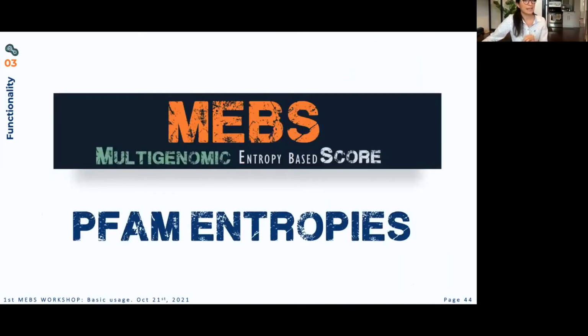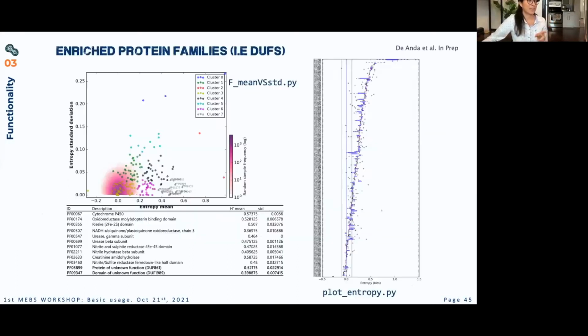But let's talk about the PFAM entropies, and I'm glad that the question is related to this. So here I have protein families, and this is one of the examples of how useful the relative entropy can be. Here we have the entropies computed across 2,000 genomes.